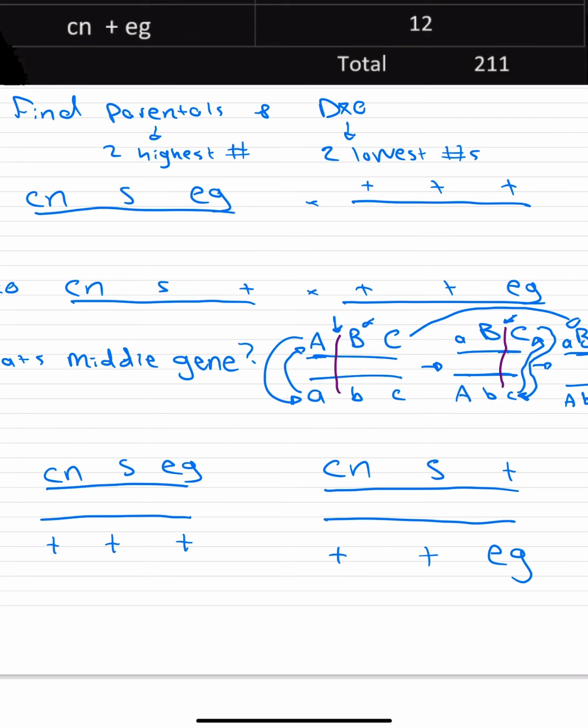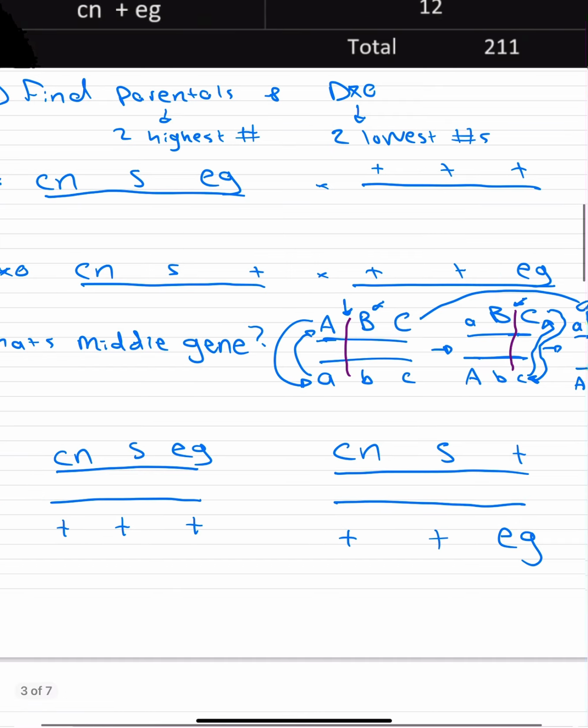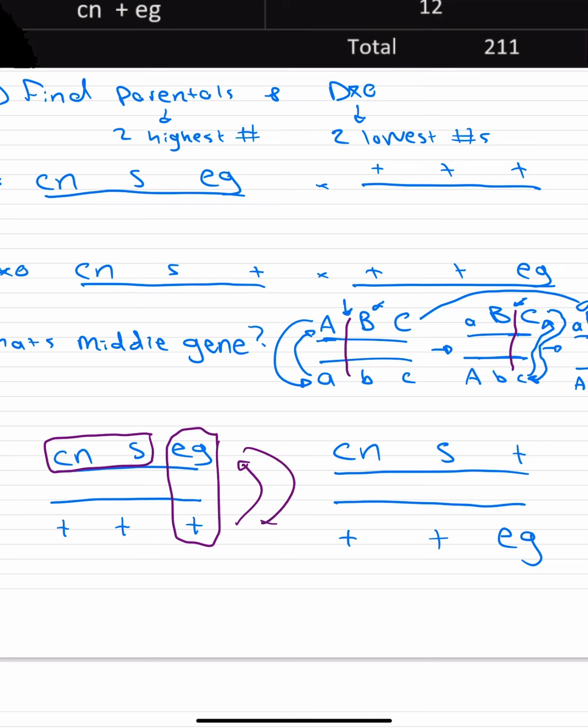So, comparing between both of these, we can see that CN and S appear to have stayed in the same position, and EG is the gene that appeared to have flipped between both of these. It appears that there was a flip right here.